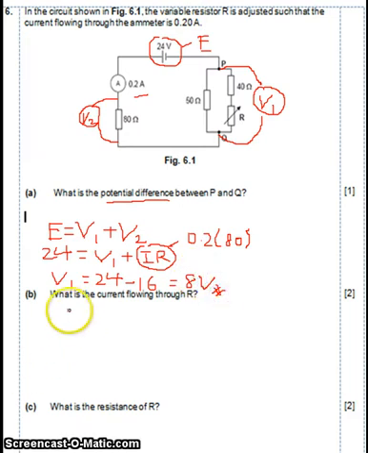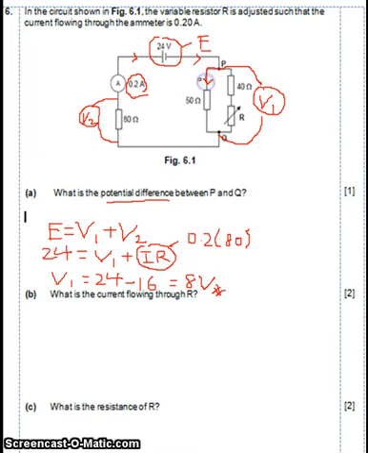Okay. Next, what is the current flowing through R? The current flowing through R over here can be determined if we know what is the current flowing through the 50 ohm resistor. Now take a look at the 0.2 ampere current. This current will flow through the entire circuit until it reaches this point. At this point, it's going to split into two parts.